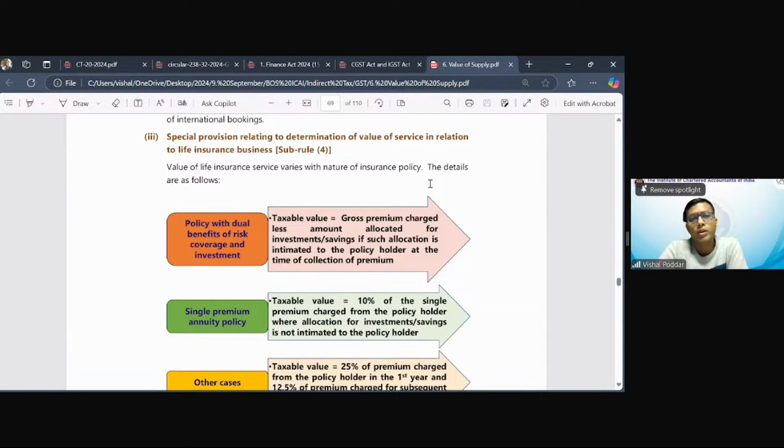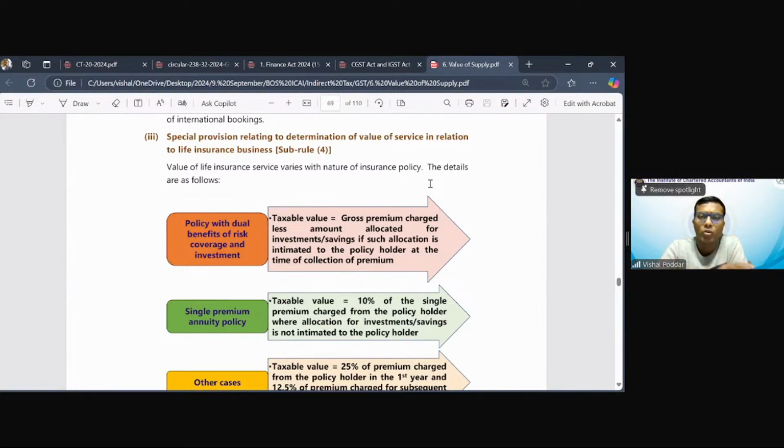Now, in this particular case, the 1 lakh premium that you have been paying every year is not fully for insurance. In fact, a major part of that premium is your investment, because I have to return that amount to you after 10 years when nothing happens. So understand this in endowment policy, and endowment happens only in case of life. Other than life, non-life policies are all 1 year policies.